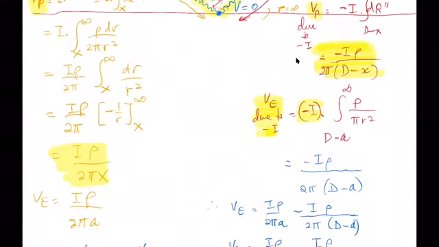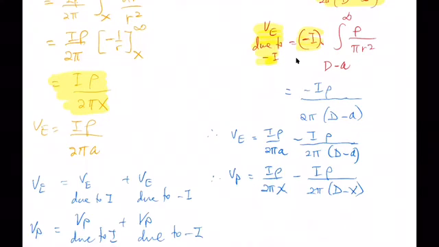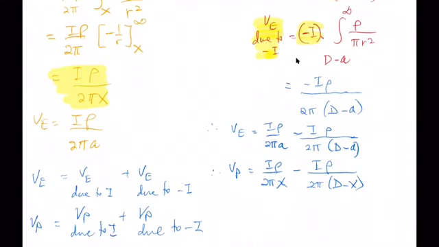So these are the two components for each of VE and VP. This is due to plus current for VP, and this is minus current. That's why you have minus in the front there.